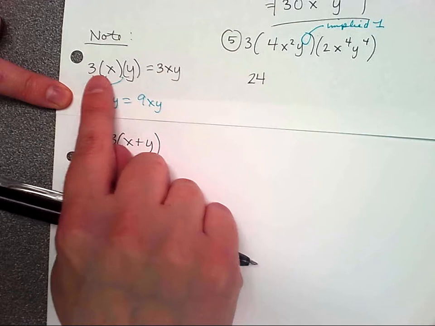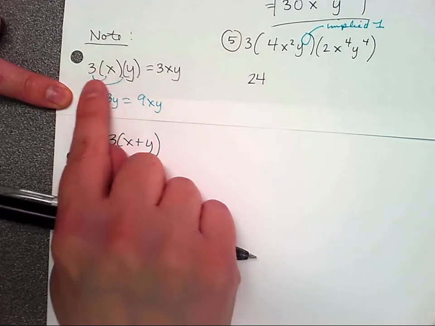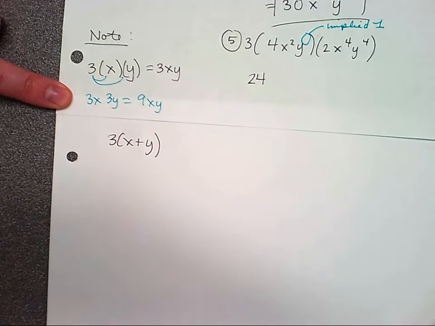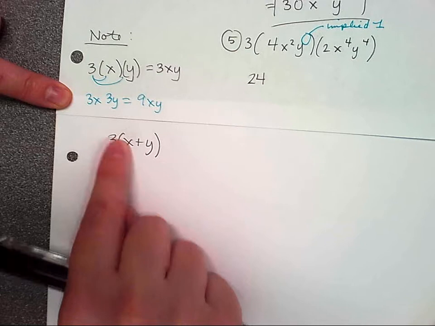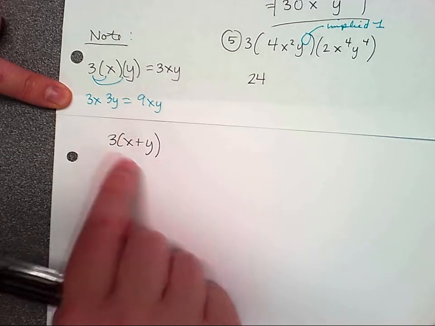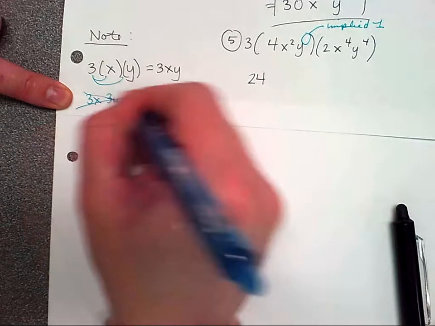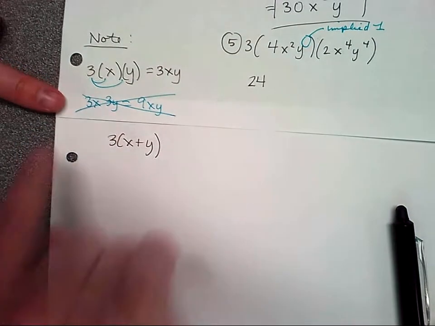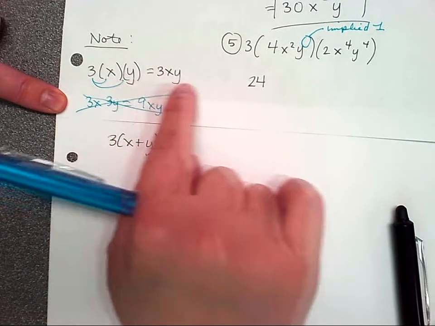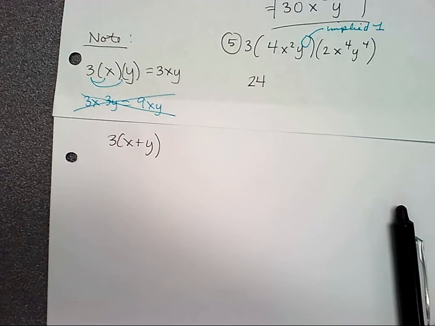This is 3 times x times y. You're just multiplying 3 to the thing, right? This is 3x plus 3y. These are different. This is very bad. This is the correct answer. Just because I throw up some parentheses doesn't mean I need to distribute, right? It's a nice way to say I'm multiplying.